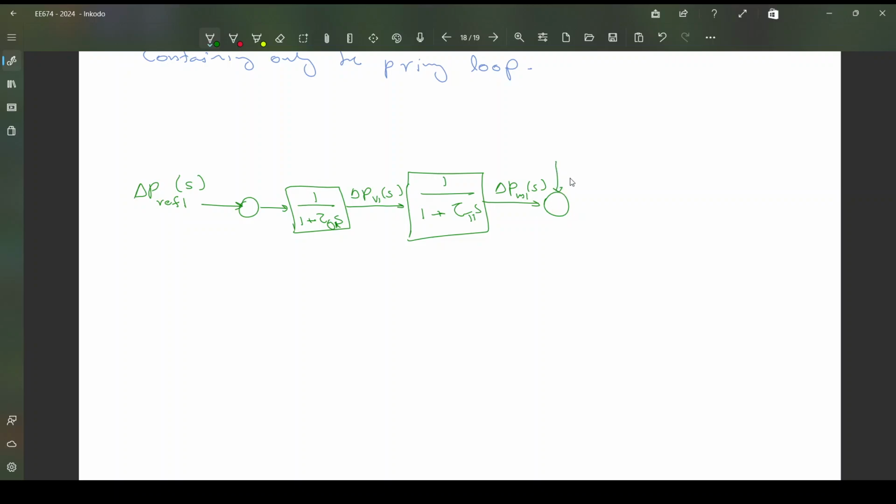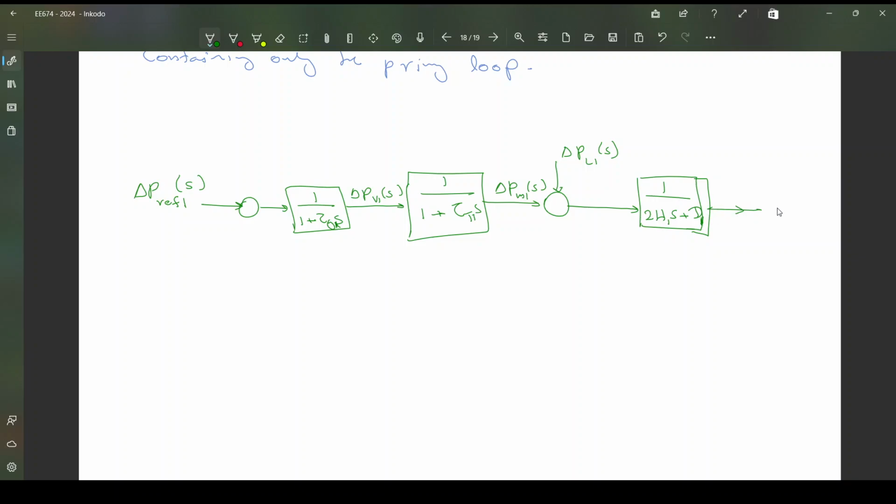And with the delta PL1s, the 1 is for area 1, you can then calculate the speed, 1 over 2H1s plus D1, right? This is the same thing that we have done earlier.